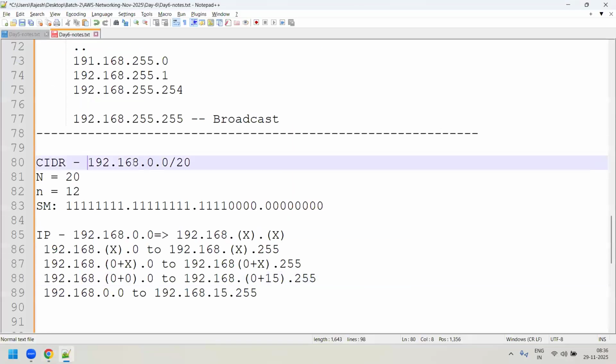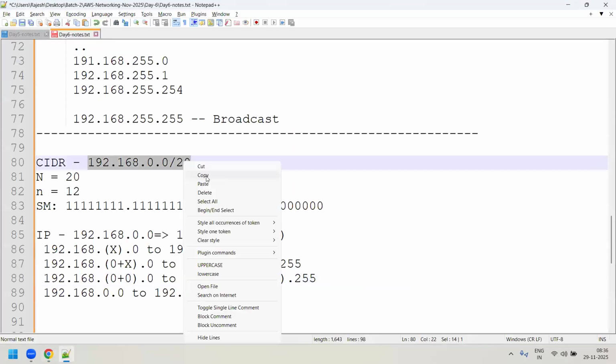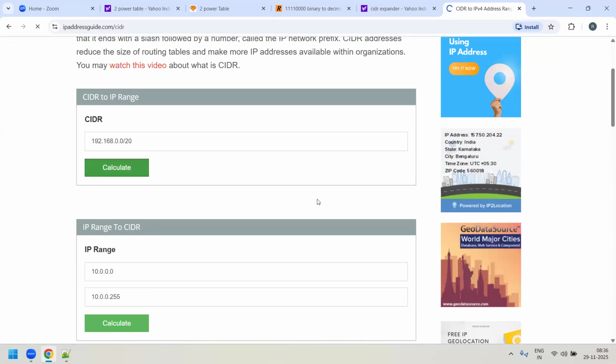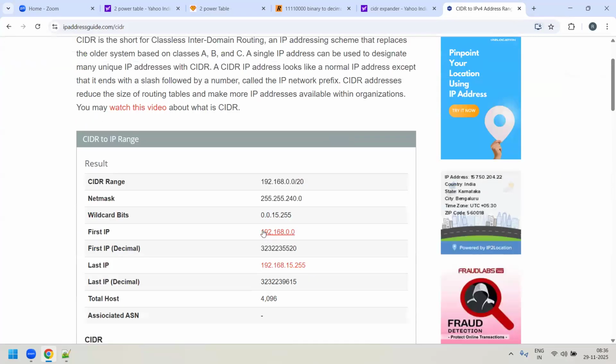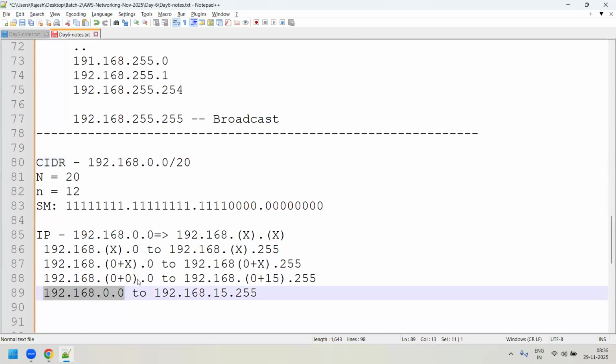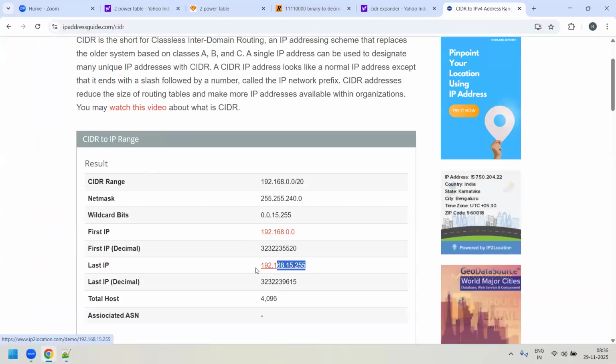If I copy this CIDR, paste it here and calculate it, you will get the first IP, 192.168.0.0. What will be the last IP? 192.168.15.255. Right, sir? Yes, this is what you got.